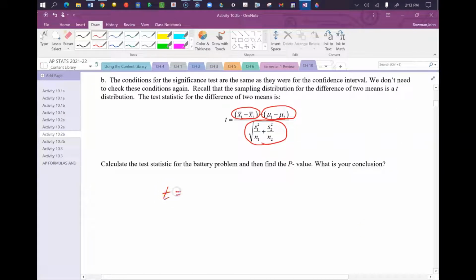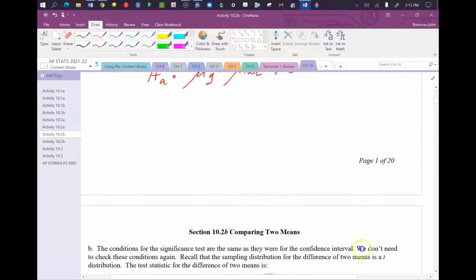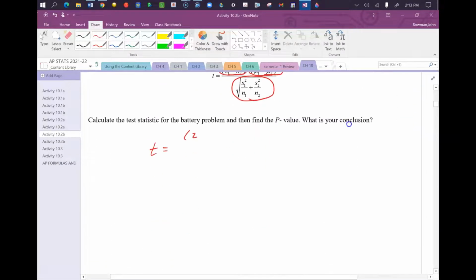It is a t-distribution. We had the generic batteries first, so the sample mean for the generic batteries was 206.017 minus the sample mean for the WC batteries, 187.433, minus the hypothesized difference of 0. That hypothesized difference is typically 0. It's not always 0.